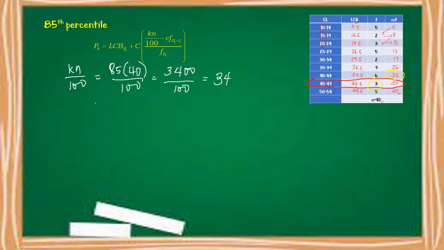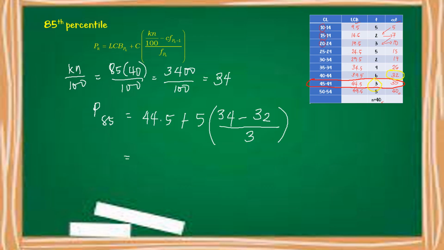Use the formula. P85 is equal to the lower class boundary, 44.5, plus the interval 5 times 34 minus the previous less than cumulative frequency, which is 32, and the frequency is 3.